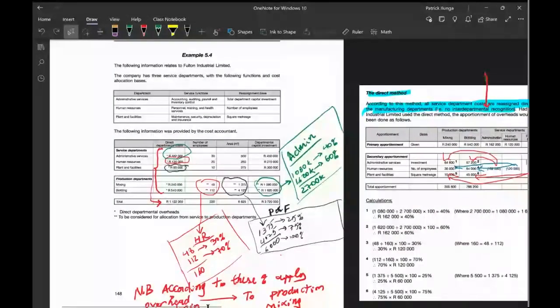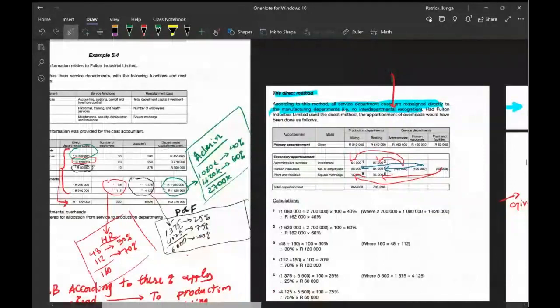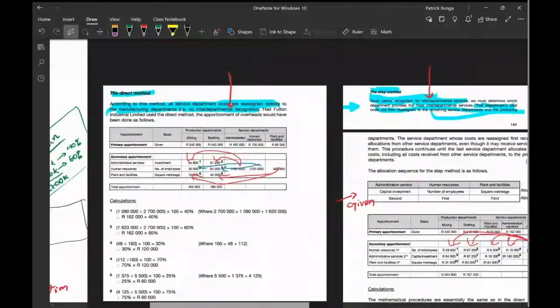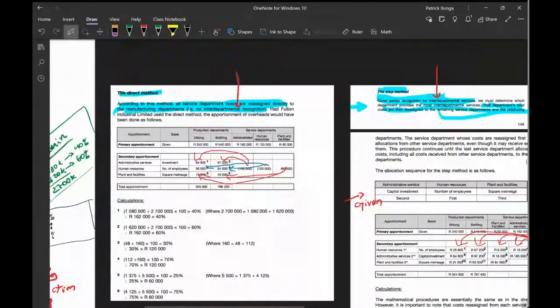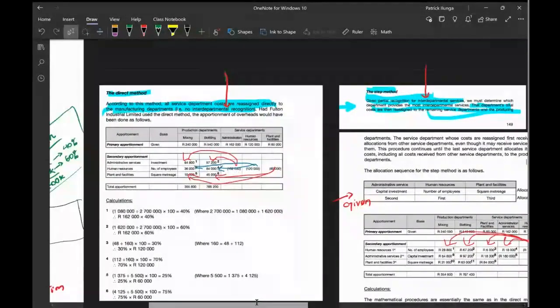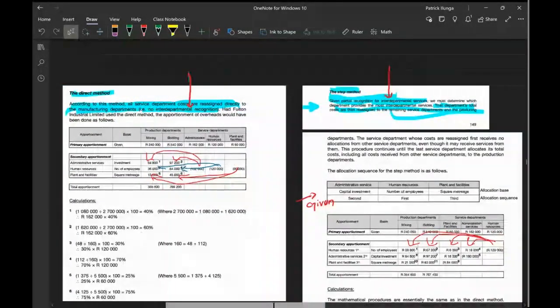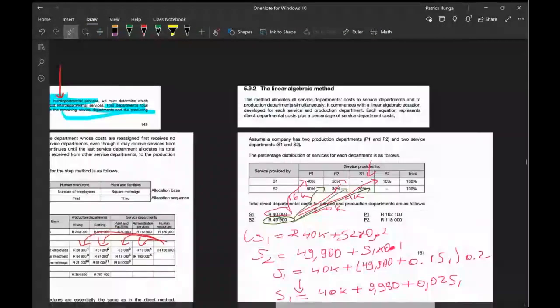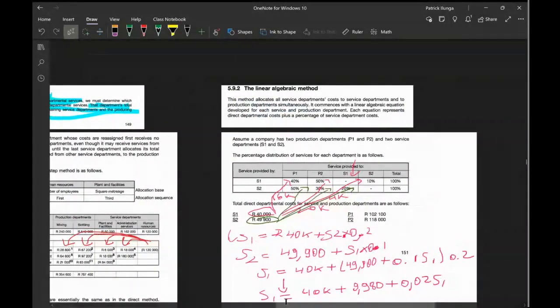Again, like I said, I have juxtaposed these things for you so that you can compare one method with the other. So I know some of you have not gone through the learning unit, but this is some of the things I'm doing on your OneNote, is that after you've read and when you begin to do an example, you can compare the direct method with the step method with the linear algebraic method.